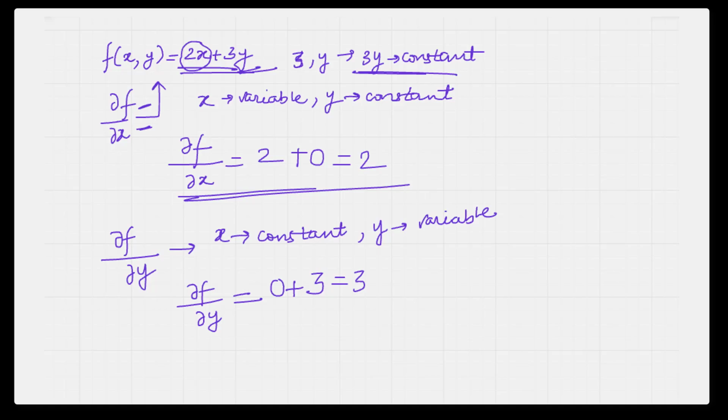Now the intuition behind partial derivatives is to think about how a single variable in a multi-dimensional function affects the output of that whole function. So del f by del x asks: if I only change x and keep all the other variables constant, how does the change in x affect my whole function f of x comma y?